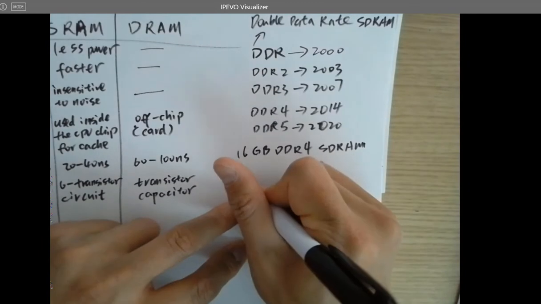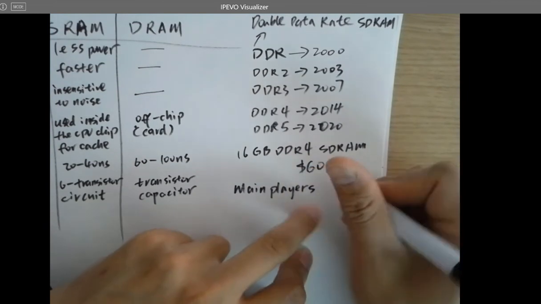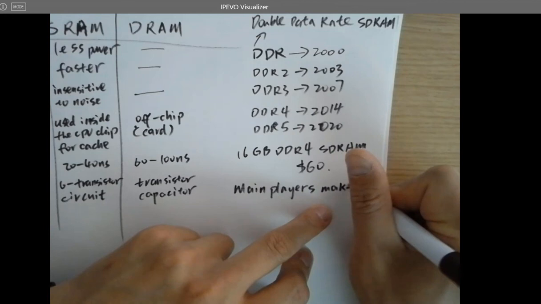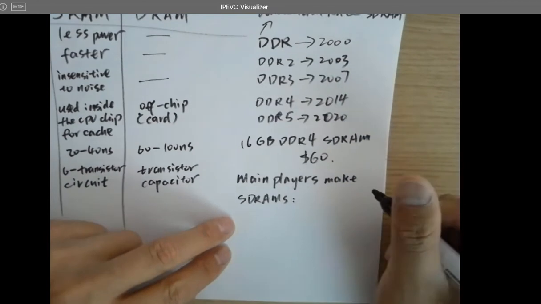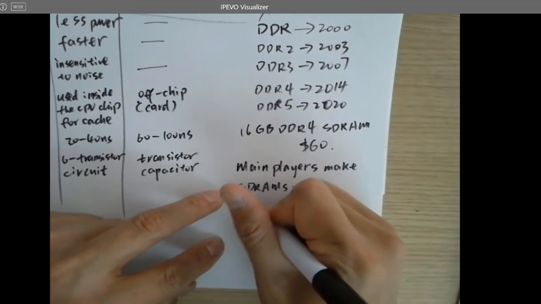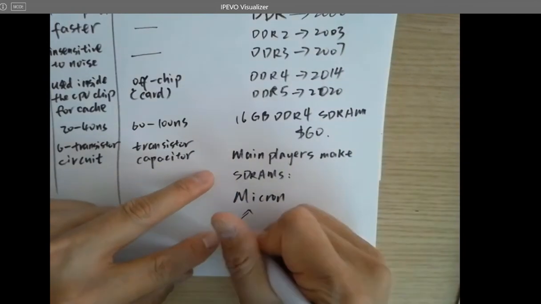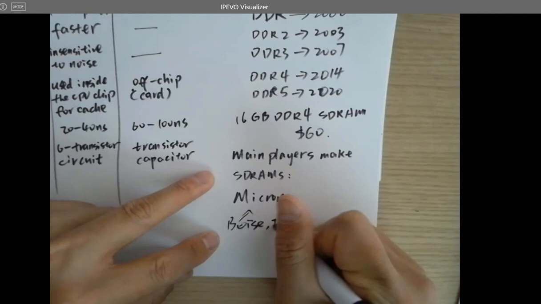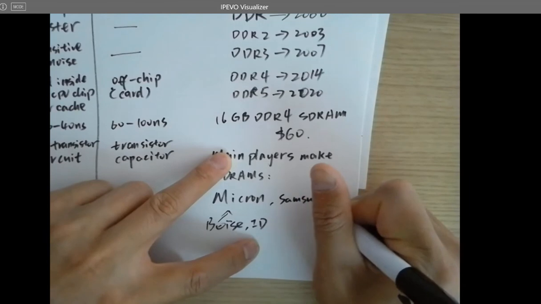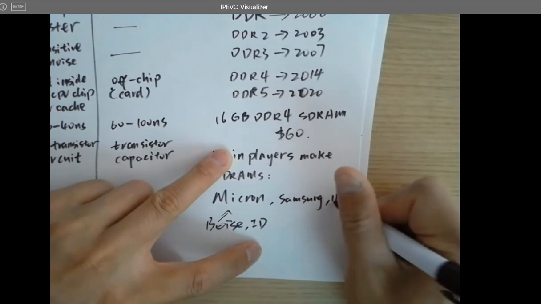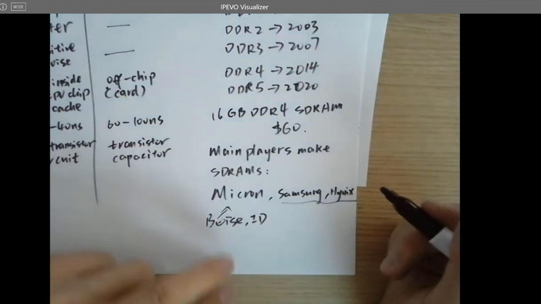The major players that make SDRAMs, for example, Micron, you definitely need to know. Where is Micron? Boise. And Samsung and Hynix, which are South Korean companies.